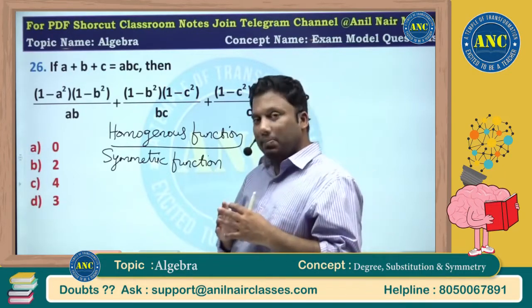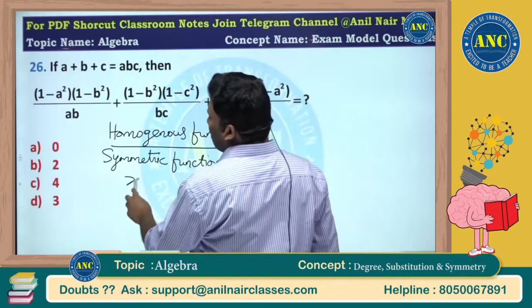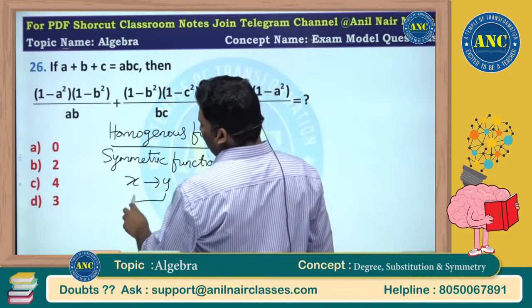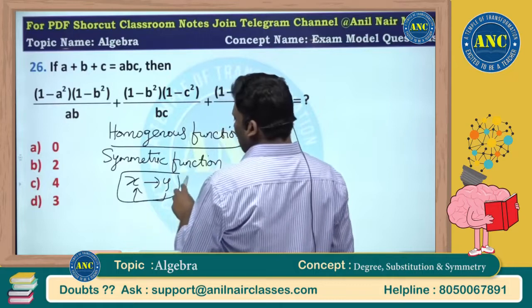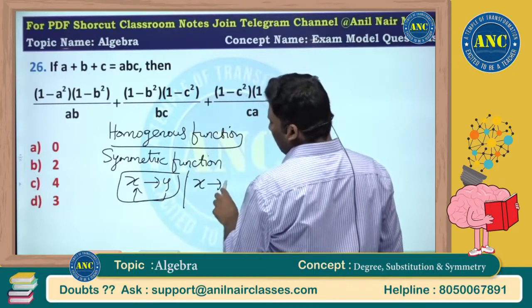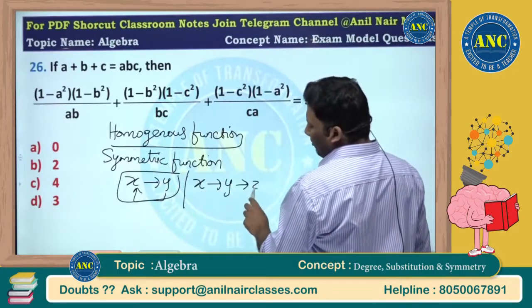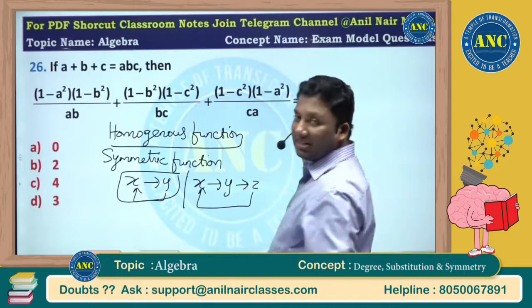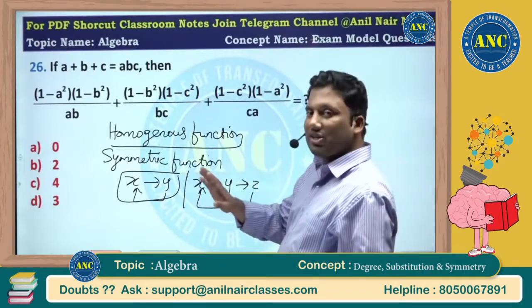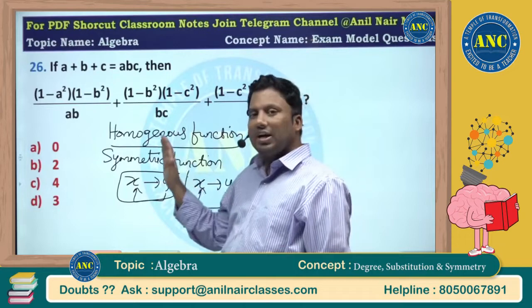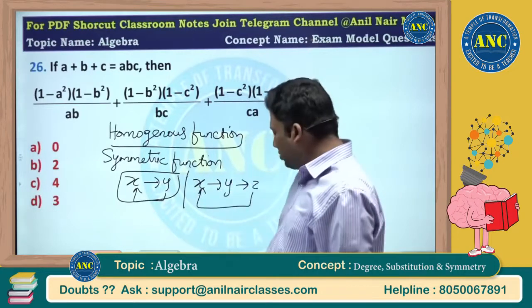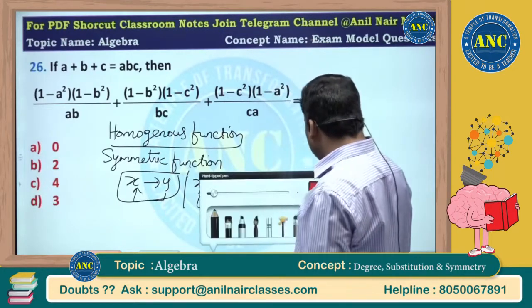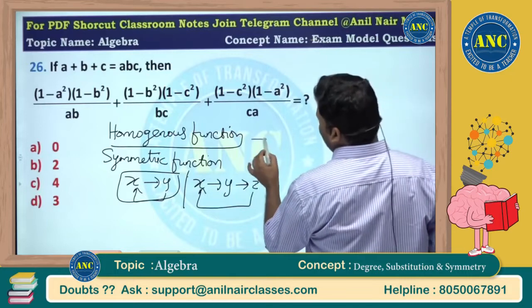If x is replaced with y, y is replaced with x, then the function does not change. If x is replaced with y, y is replaced with z, z is replaced with x, the function does not change. Then that kind of functions are called homogeneous functions. Homogeneous functions are symmetric functions.